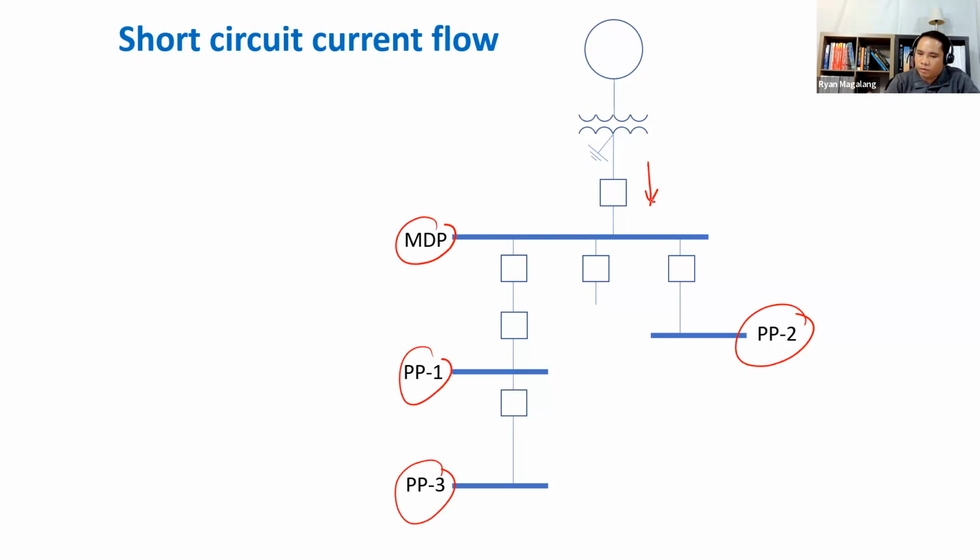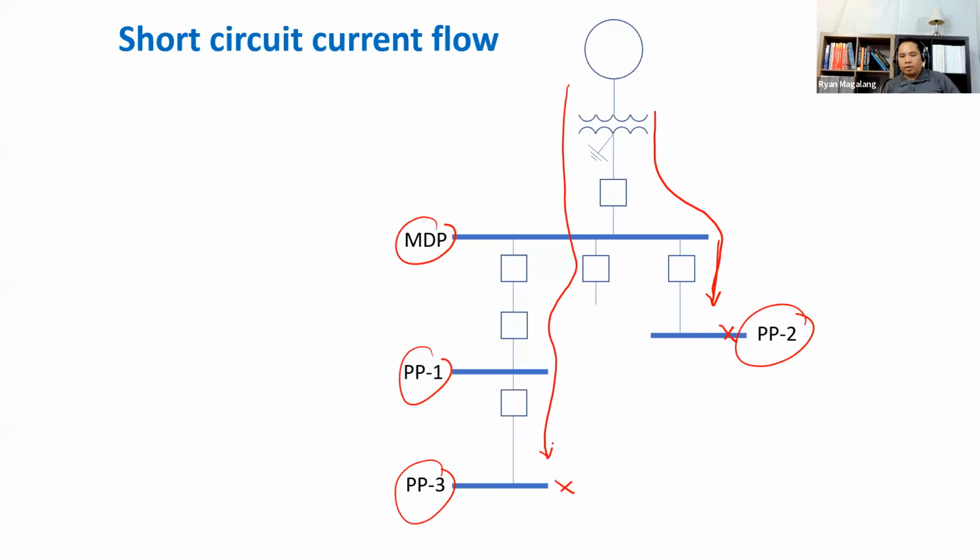So it flows down from the source going to the faulted location. In this case, let's say here. And now here, let's say that's another analysis, another calculation. So it would go from the source to here. Or let's say here, so it will go like this.